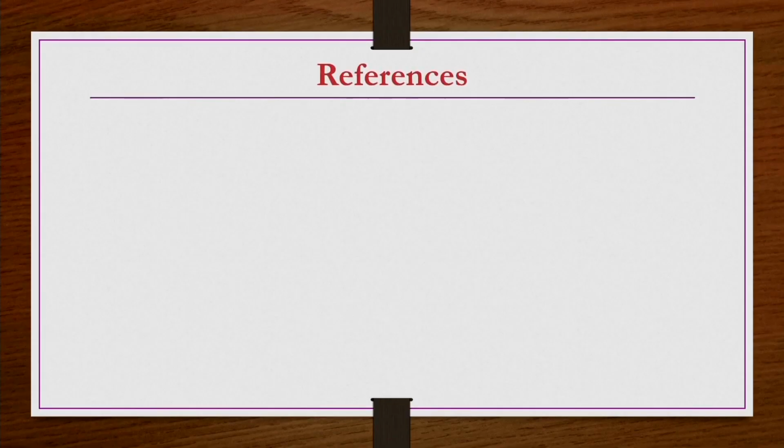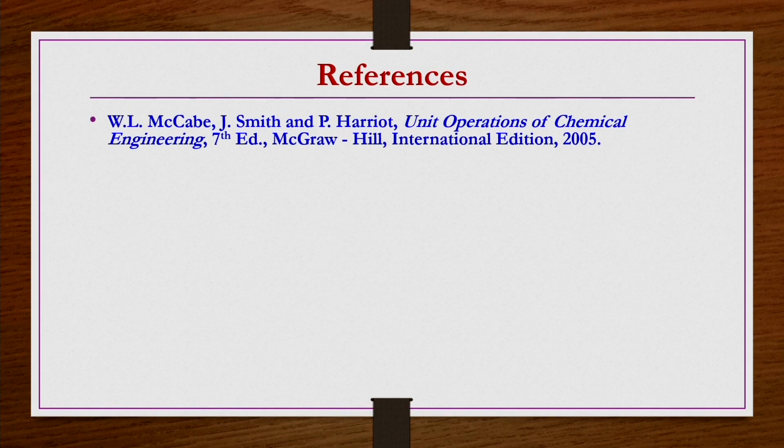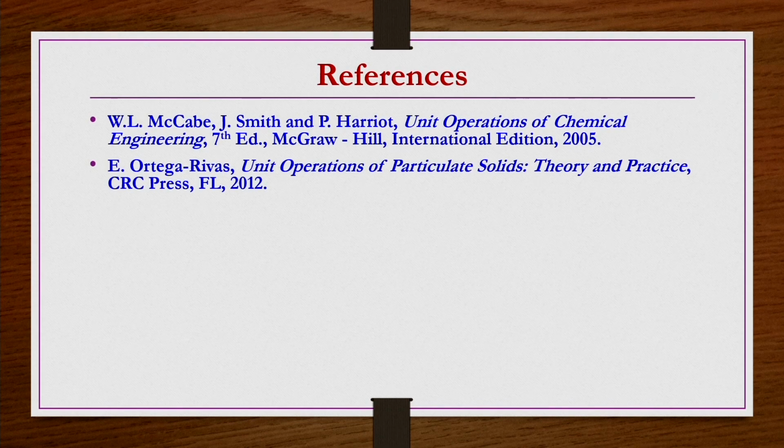The references are Unit Operations of Chemical Engineering by McCabe, Smith and Harriott, then Unit Operations of Particulate Solids: Theory and Practice by Ortega Rivas. Most of the details presented in this lecture have been taken from this second book. A few details are also taken from the first book, McCabe, Smith and Harriott.